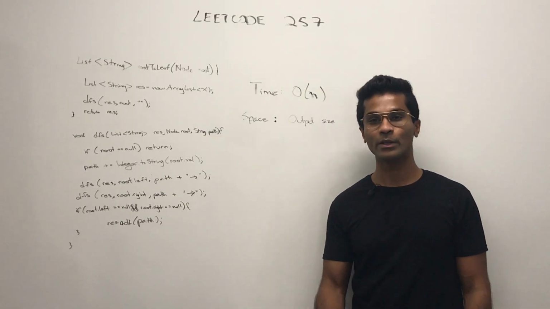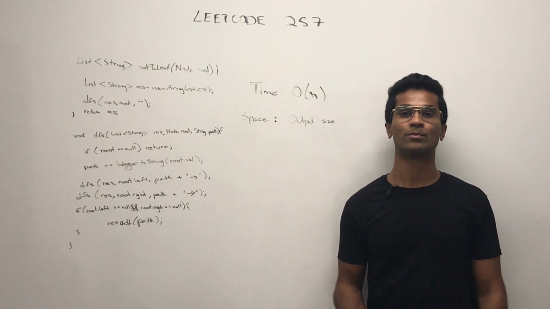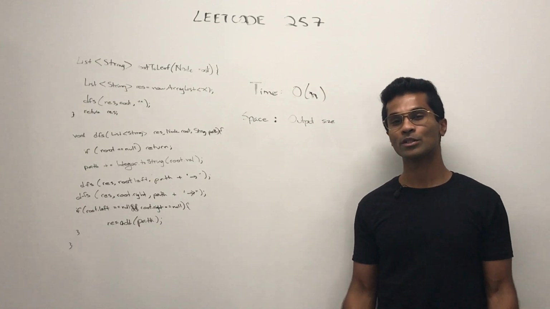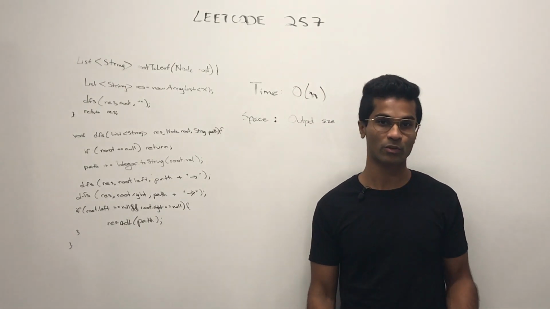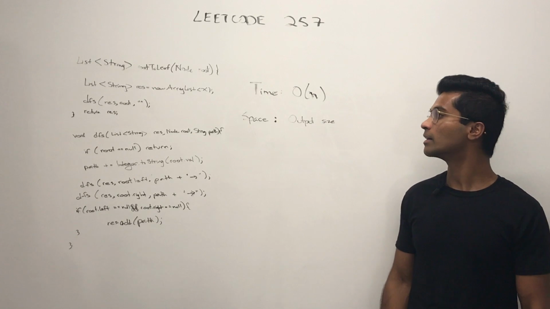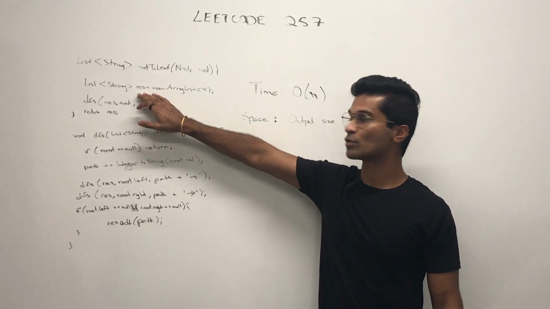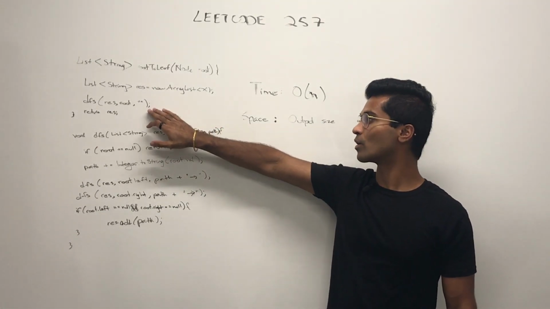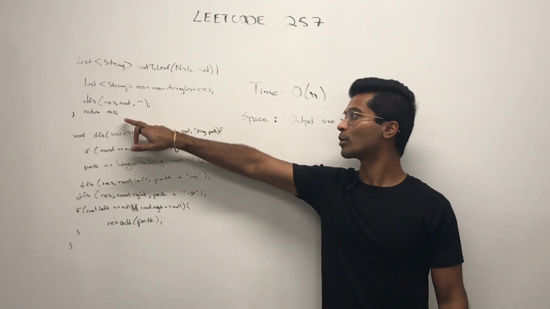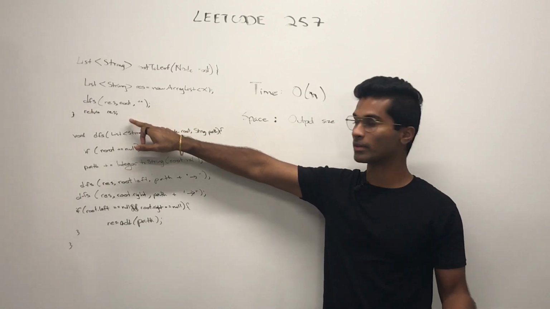Cool. Now that you've seen the visualization, let's briefly go over the code. The code is pretty short and concise since it's recursive, but let's just walk through it. Now we have a list of strings, which is the result, and this is our recursive DFS call, and we're trying to return what we're populating.